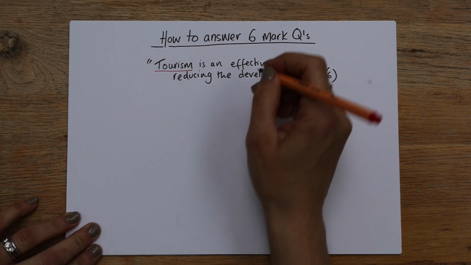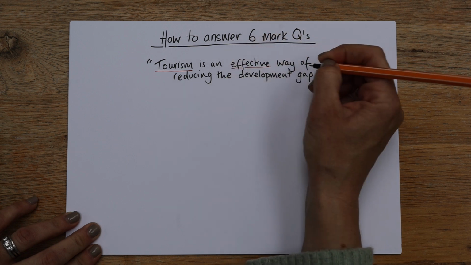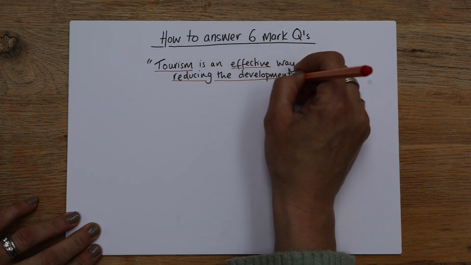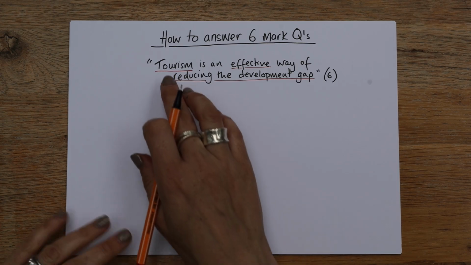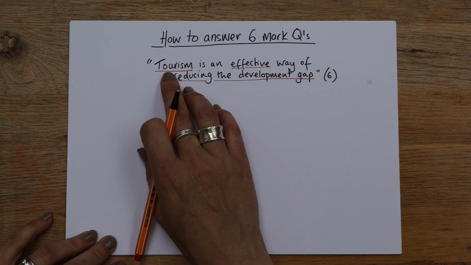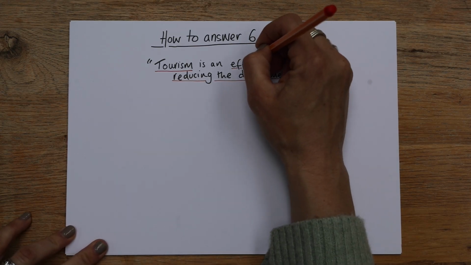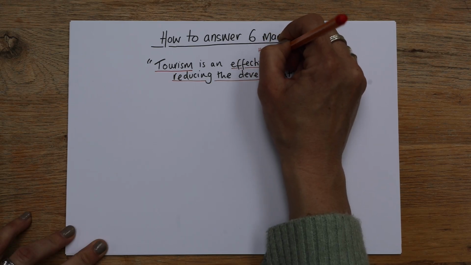So I'm going to underline the keywords. We've got tourism, we've got effective, and we've got reducing the development gap. Next to it, I'm not going to put too much for tourism because hopefully you'll understand what that is. Effective, so we're looking at how effective it is.